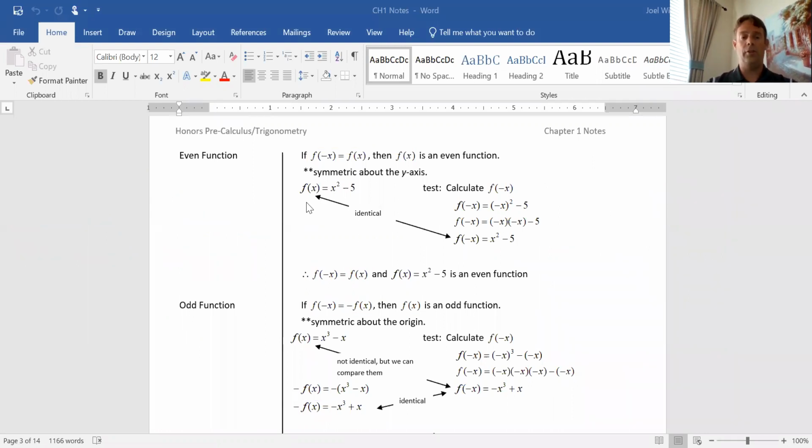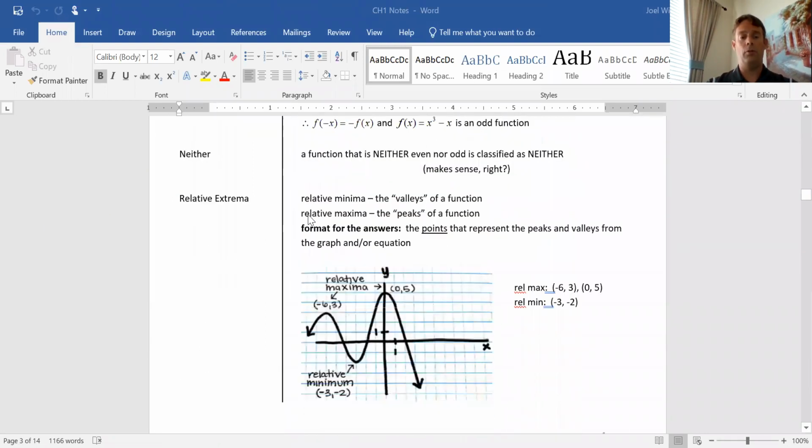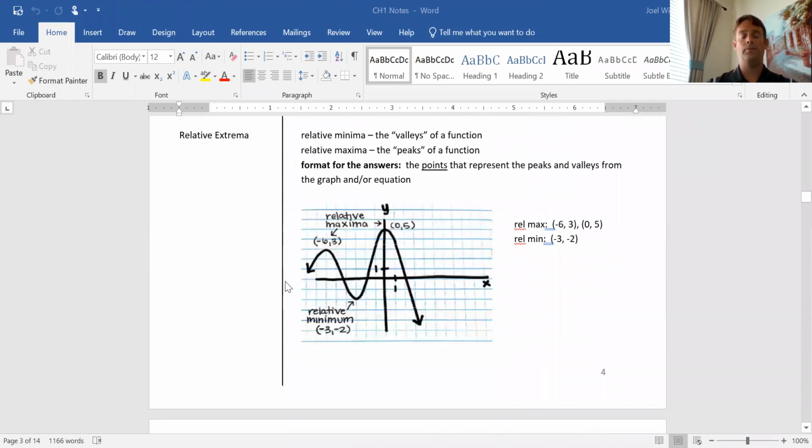All right, let's get going here again. Now, the last thing that we need to deal with before we start looking at some examples are relative maximums and relative minimums. A relative maximum is the peak of a function. In other words, a relative max is the function at its top. So here's the top of it, that would be a relative max.